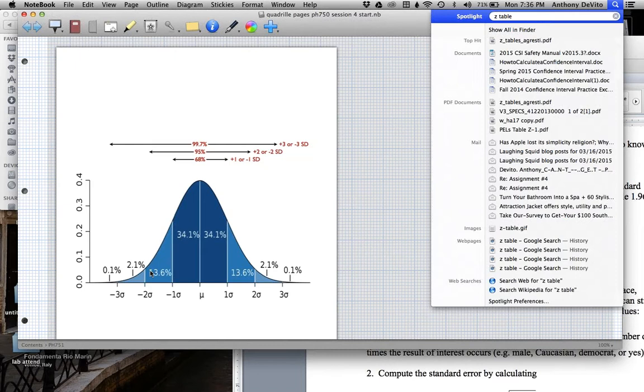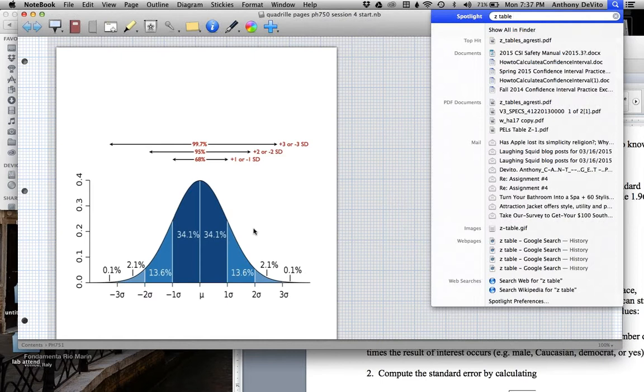So when we say 95% confidence, we mean that 95% of the area of this distribution is between 2 standard errors below and 2 standard errors above. Okay, that leaves 2.5% at one end and 2.5% at the other end. That's called two-tailed. Later on, that's going to come up.